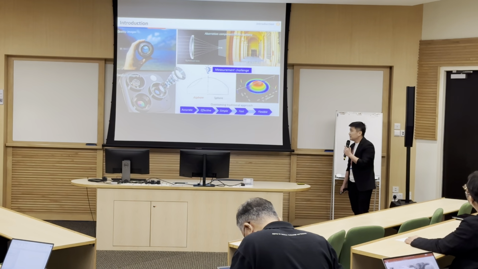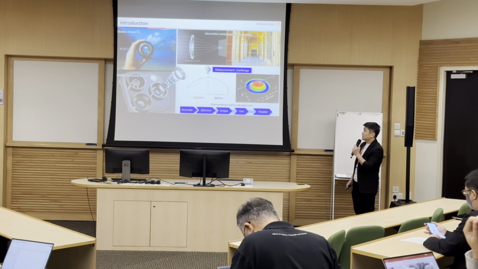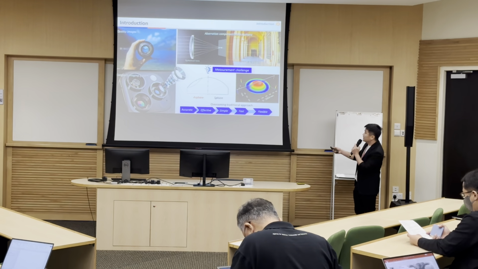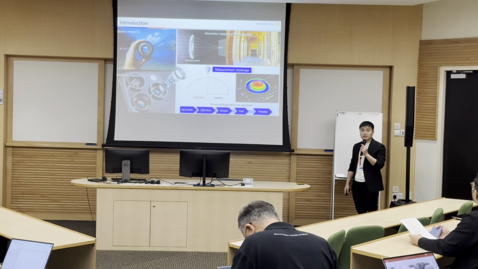As you know, in this kind of imaging system, if a spherical surface is used, a lot of aberration can happen, which is like the distortion in the image here. It can be overcome using an aspheric surface. But the problem is that measuring an aspheric target is always a challenge for optical engineers and researchers in this field.